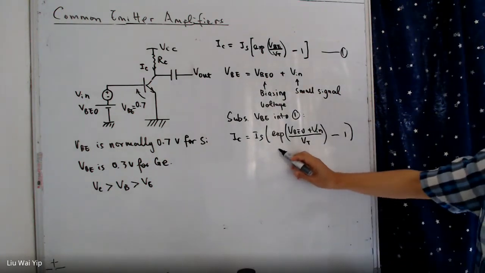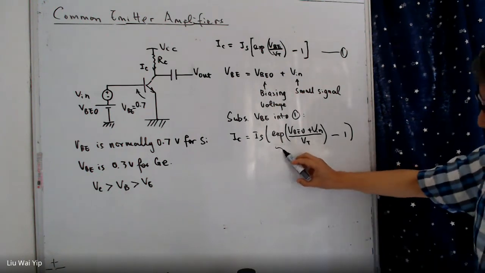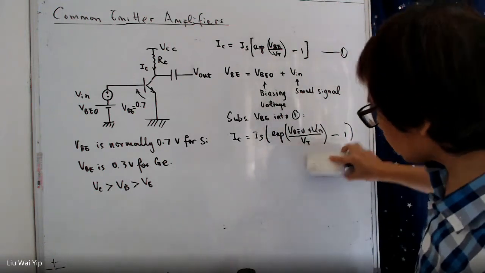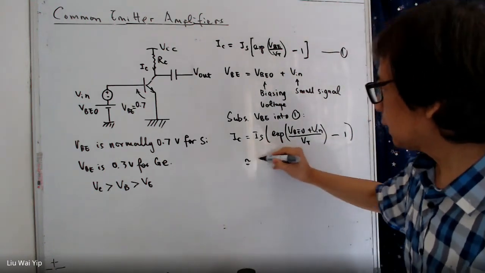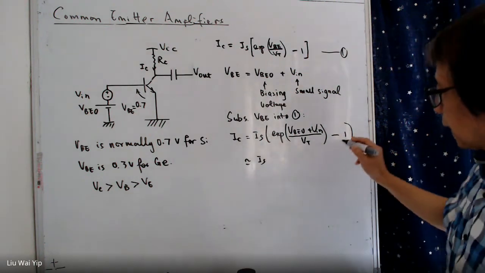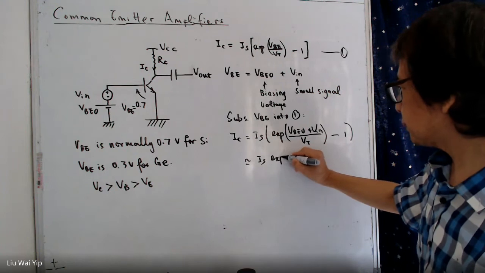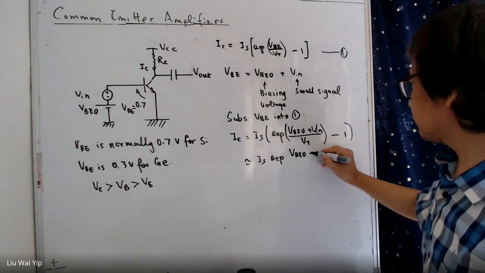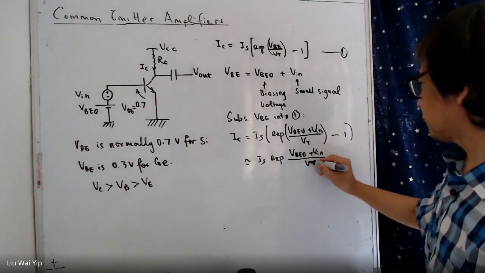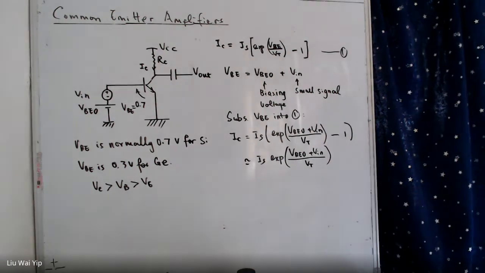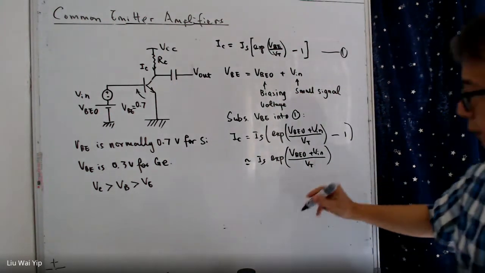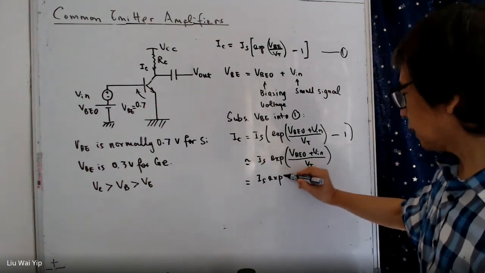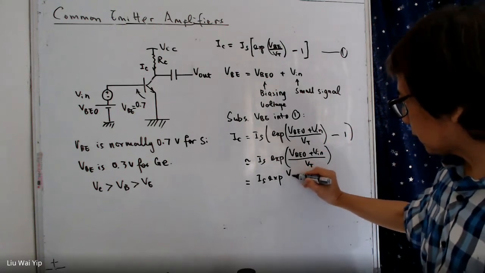And remember, in the bracket terms, this term here is substantially larger than 1. So we can approximate this equation by excluding the -1 here, and you can simplify the equation here.